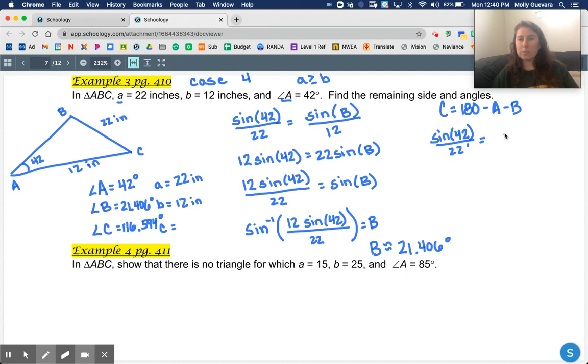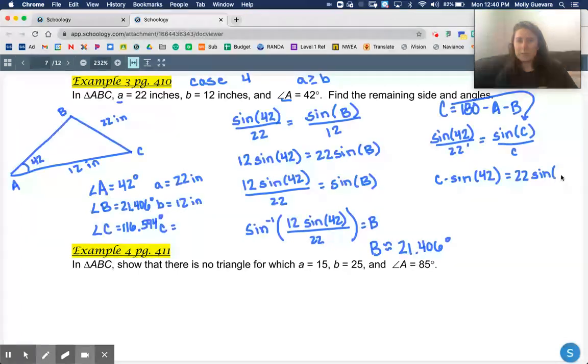So I like to use the information that's given to me. And then sine of C, I'm going to actually plug in C. So that's actually a number. So I have c times sine of 42 equals 22.